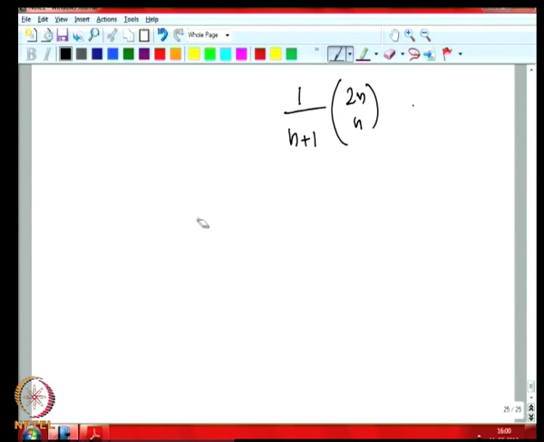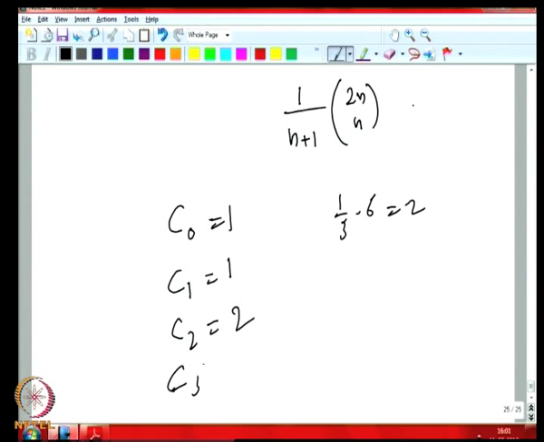So, C 0 is equal to 1, and C 1, when you put 1, is 2 choose 1 into 1 by 2, which is 1. C 2 is 4 choose 2, that is 6, by 3, right, 2 plus 1 is 3, that is 1 by 3 into 6, which is 2.